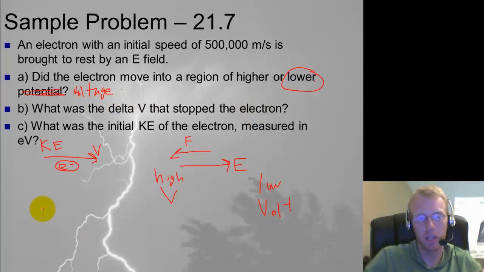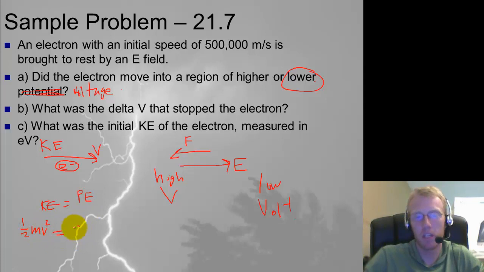Okay, so we know that the kinetic energy initial has to be converted to potential energy final. Kinetic energy it starts with is 1/2 mv squared. Potential energy it ends with is Q delta V. And we're solving for delta V, so we divide both sides by Q. Okay, so we get 1/2 the mass of an electron.